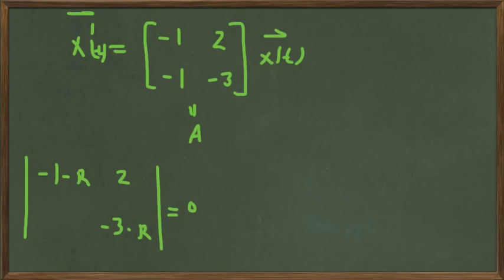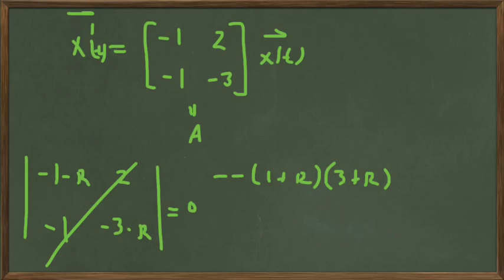So let's fix that. This entry here should be a minus 1, and this direction is the positive direction, and we find the determinant. So instead of writing minus 1 minus R, let's write it as 1 plus R with a negative taken out. Instead of writing minus 3 minus R, it's 3 plus R with a negative taken out, and then this direction is negative, so it's the negative of negative 2.